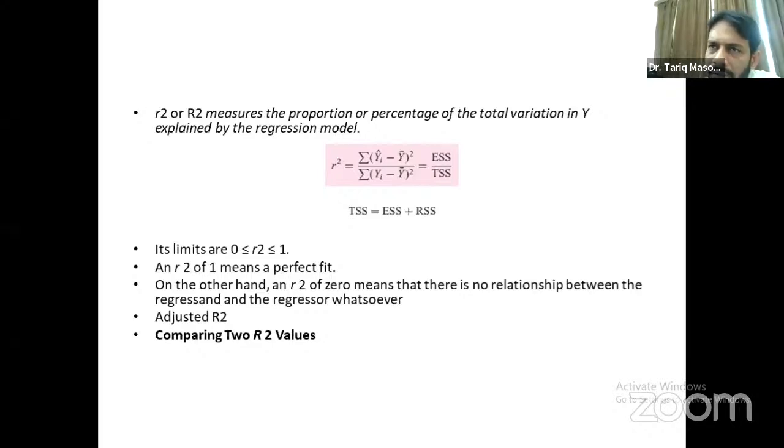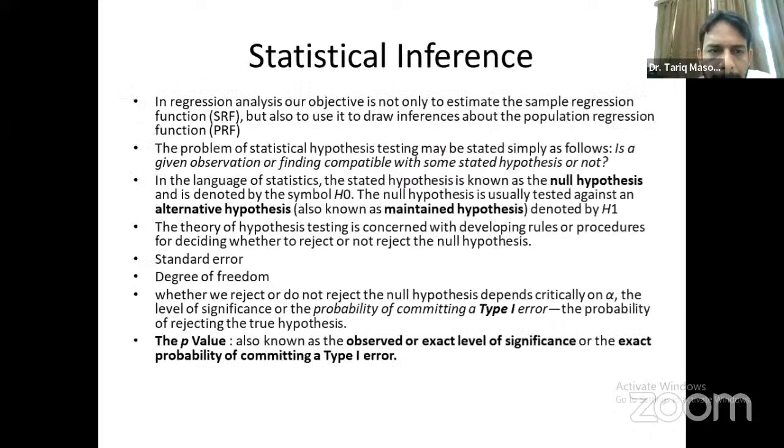In the multiple model, explained sum of squares is the percentage variation of y explained jointly by all the x's. The definition is the same: R square is again equal to ESS upon TSS. The value again lies between 0 and 1.